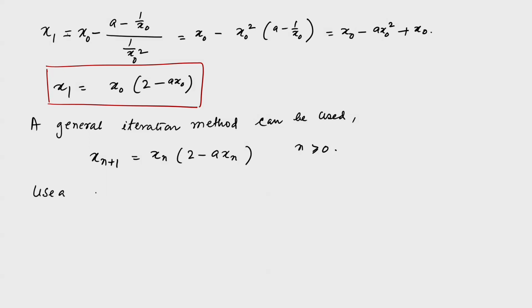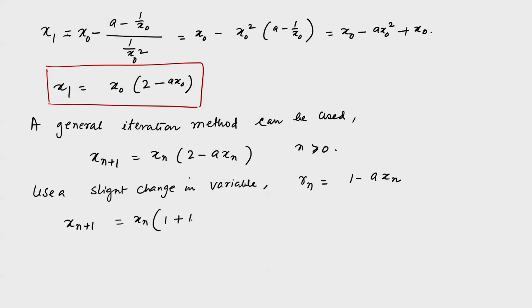Use a slight change in variable. If we write r n equal to 1 minus a x n, then we can write x n plus 1 equal to x n times (1 plus r n).